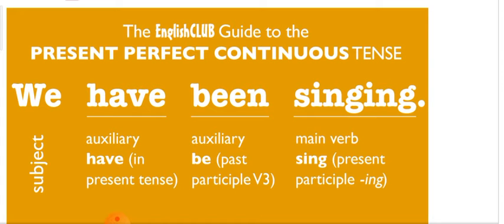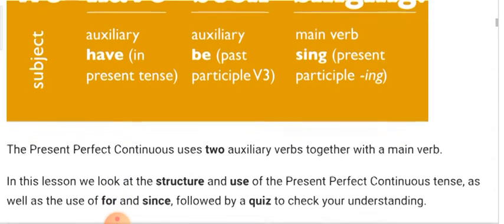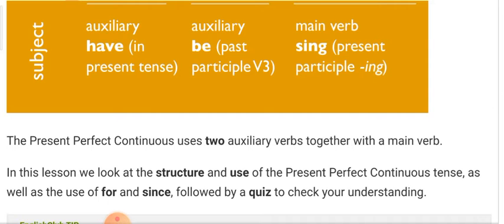Now you can see, they have been singing. The present perfect continuous uses two auxiliary verbs together with the main verb. What are the two auxiliary verbs? One is have or has and the other is been. At the same time it uses the main verb, meaning the present participle. The ing form of the verb is called the present participle.